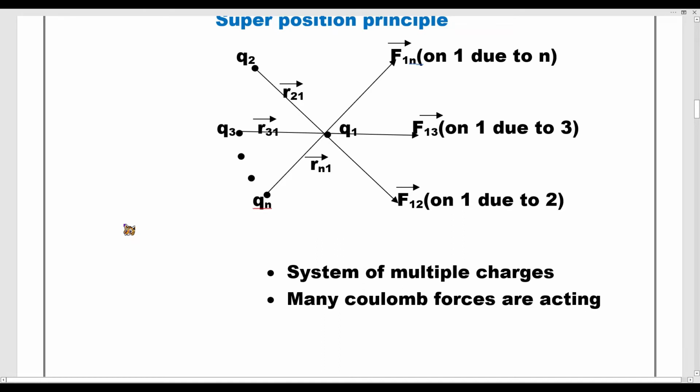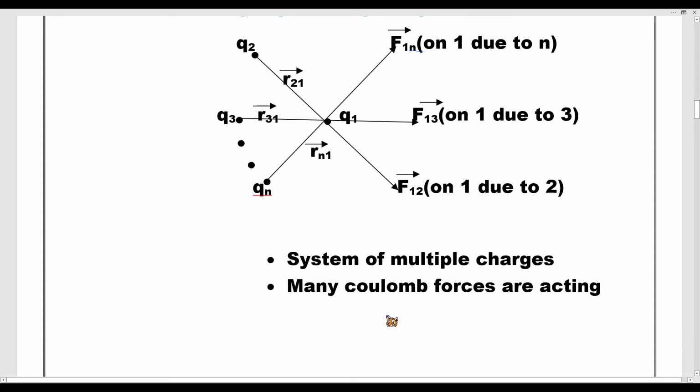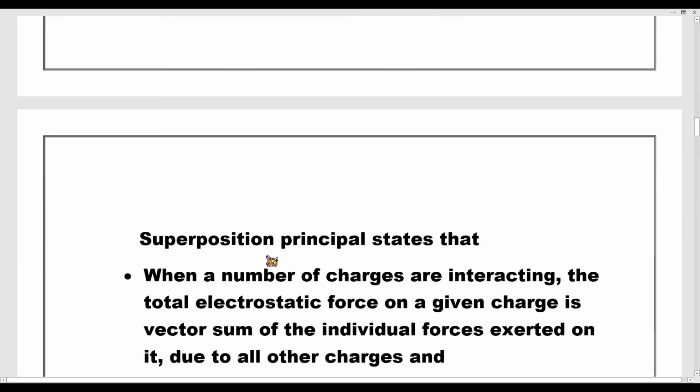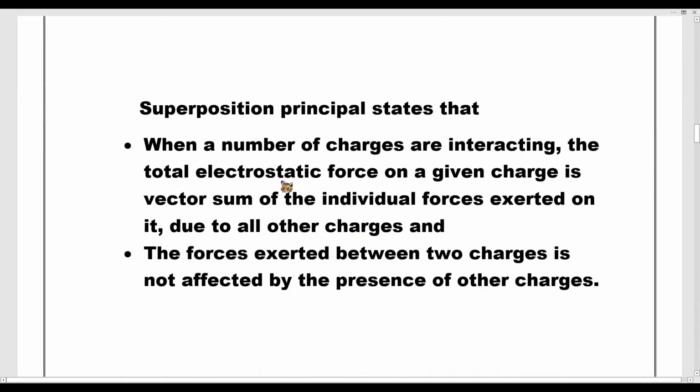That means in the multiple charge system, many Coulomb forces will be acting. The superposition principle states that when a number of charges are interacting, the total electrostatic force on a given charge is the vector sum of the individual forces exerted on it due to all other charges.